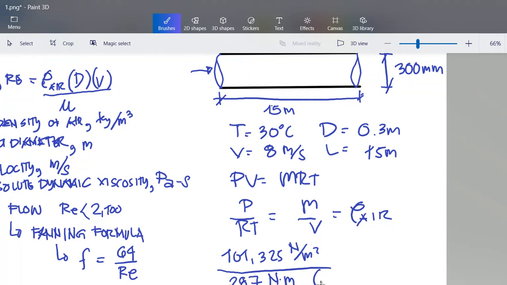Then multiply by the temperature, so we have 30 degrees Celsius plus 273 to make it Kelvin.